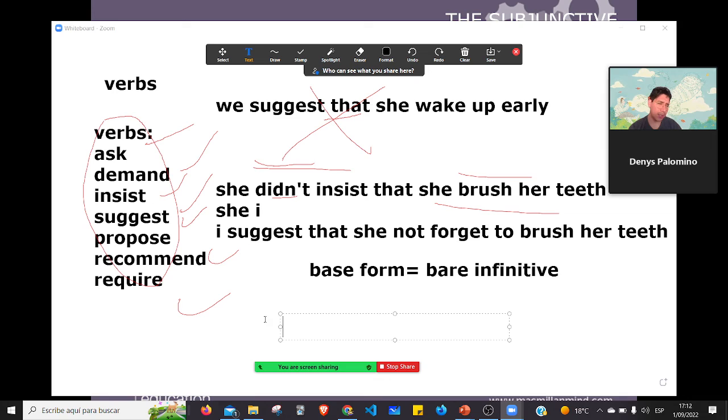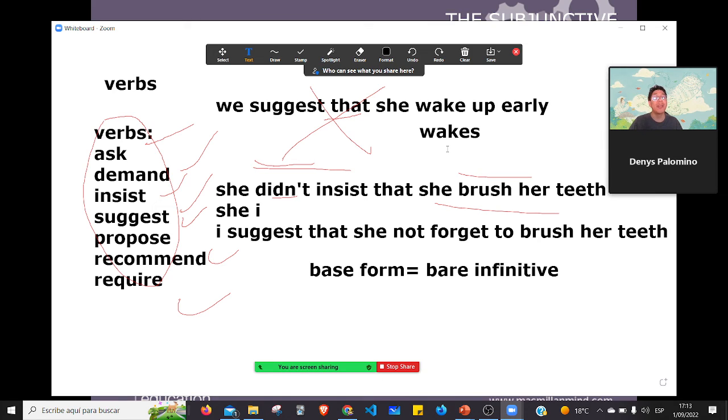¿Se entiende? Esto es subjuntivo porque no es lo mismo decir, mira, we suggest that she wake up early, que se traduce como nosotros sugerimos que ella se despertase temprano. Sugerimos que ella se despertase. Si tú pones she wakes up early, le va a dar como el sentido de nosotros sugerimos que ella se despierta temprano.